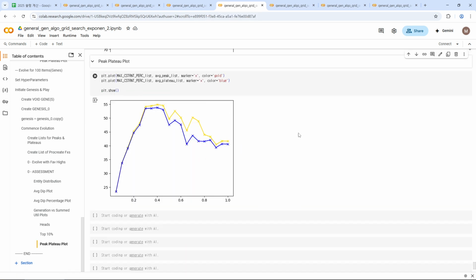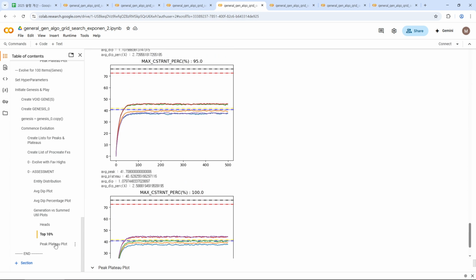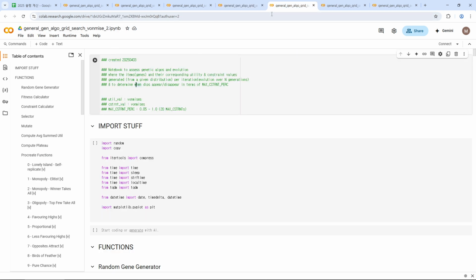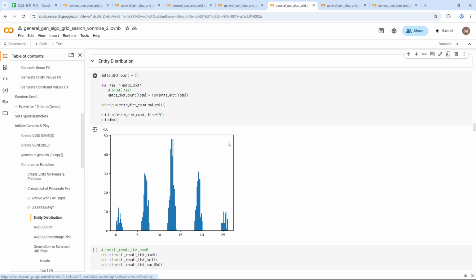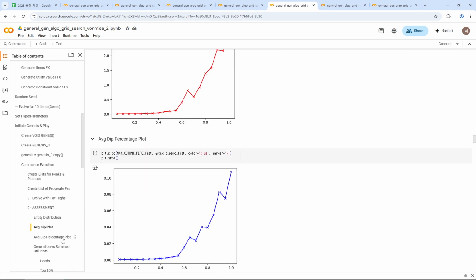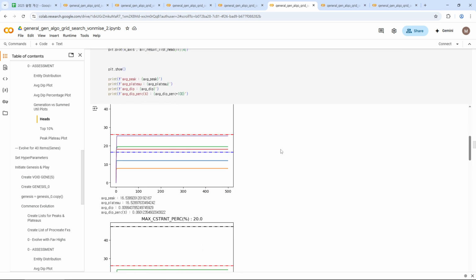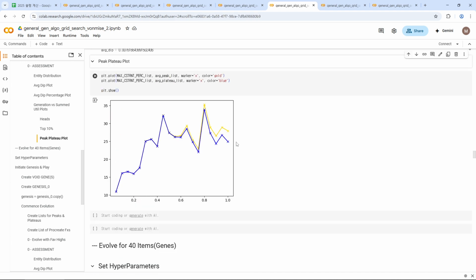But I'm here for this, aren't I? So dips happened. Yep. When did the dips happen? At around, again, 70. Mostly at 70. Entity distribution, average dip plot, average dip percentage plot, summed utility plots, peak plateau, yeah, same.